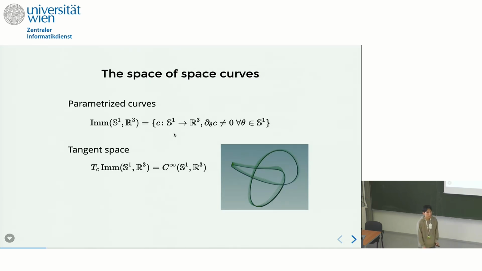And the tangent space at each point, which is a curve, is again a map from S1 to R3. You can think of any tangent vector as a vector field, like these green lines, over your curve. They can be expressed as the infinitesimal perturbation or the velocity of your space curve.